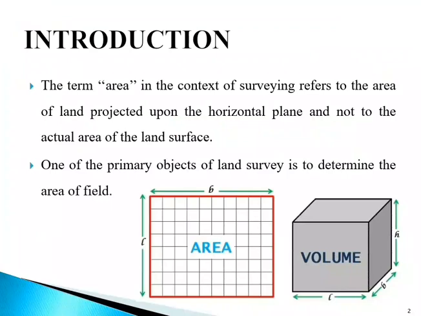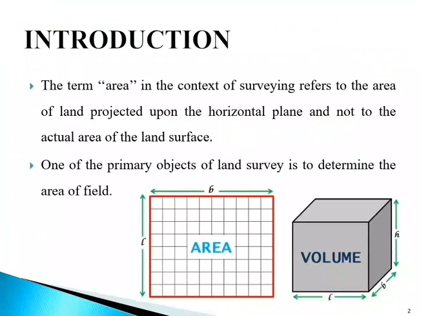The term area in the context of surveying refers to the area of land projected upon the horizontal plane and not to the actual area of the land surface. One of the primary objects of land survey is to determine the area of a field. So from the figure you can see the difference between the area and the volume.